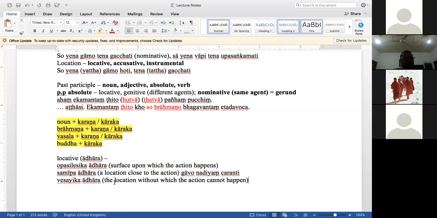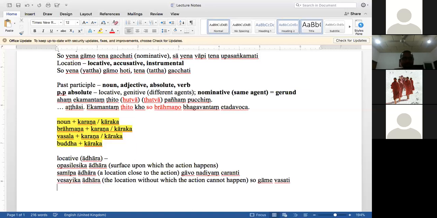But Vesaika normally refers to a space or location without which the action cannot happen. If you are living in a village, Gami Vasati, the living happens in the area, the compound of the village. Therefore, Gama is considered the Vesaika Adhara.